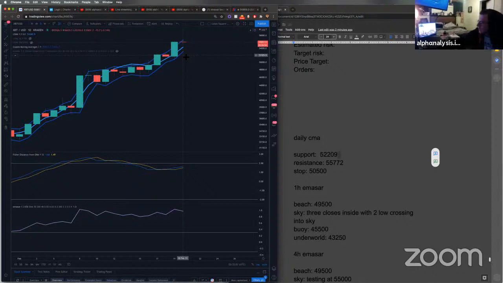54,344. Wait, is that right? Yeah, sure. Yeah, cut down that exposure a little bit as I'm moving it up. When keeping the same stop, I want to decrease the exposure to basically keep the risk the same.